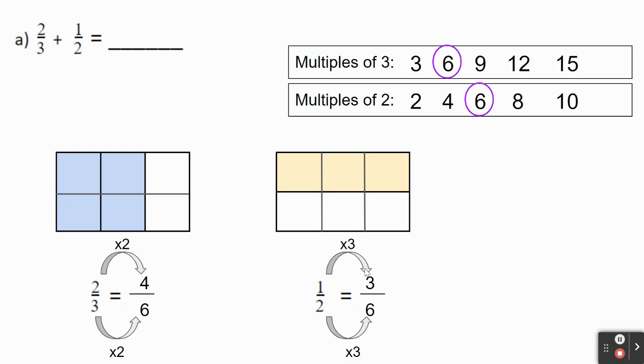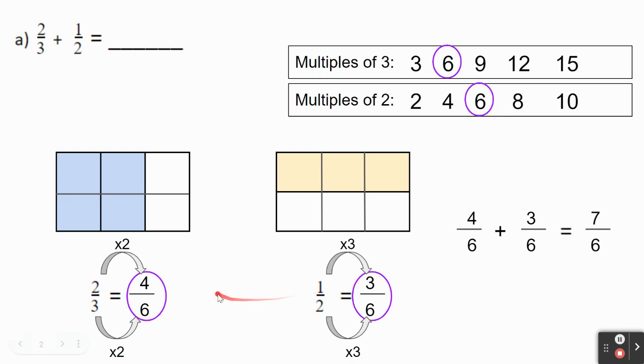If we look at the equivalent fractions, we can see that they are both represented with 6 parts. And if we look at our visual models, we can see that all the parts are the same size. So now we can add them. We're going to add 4/6, since that's the first equivalent fraction, plus 3/6, since that's the second equivalent fraction, to get 7/6.